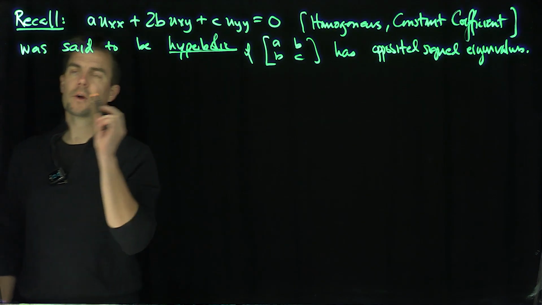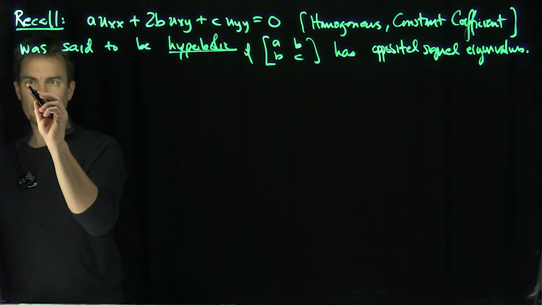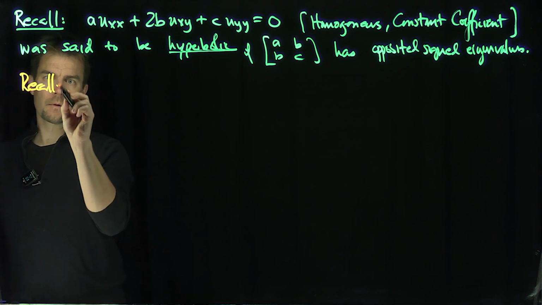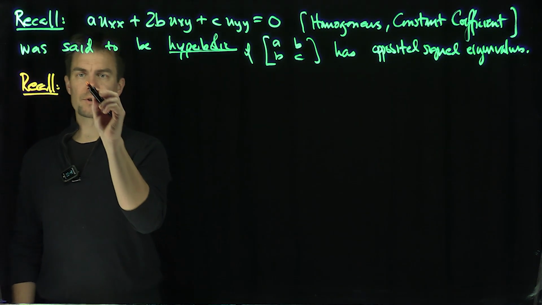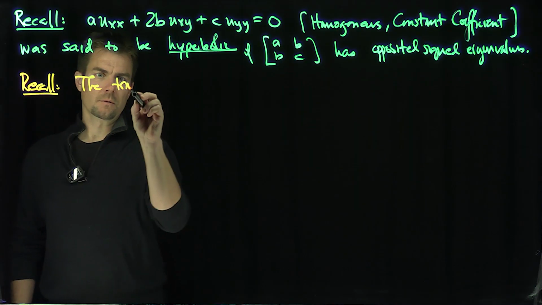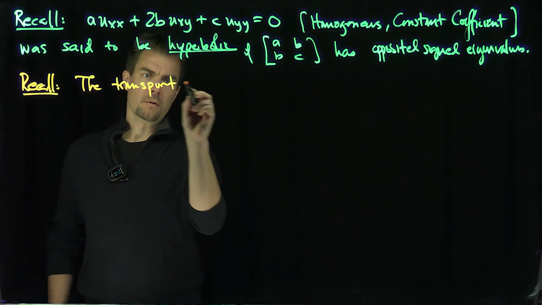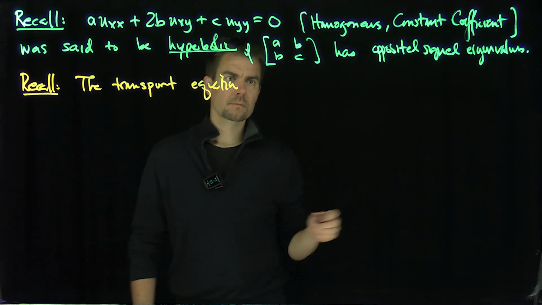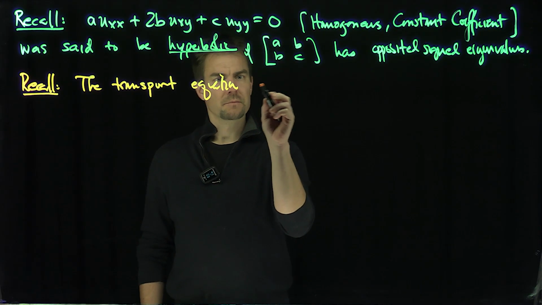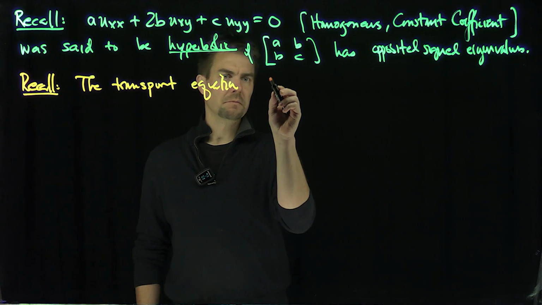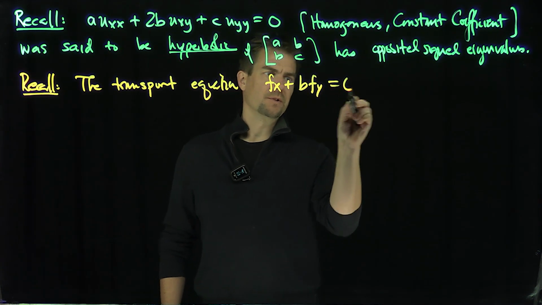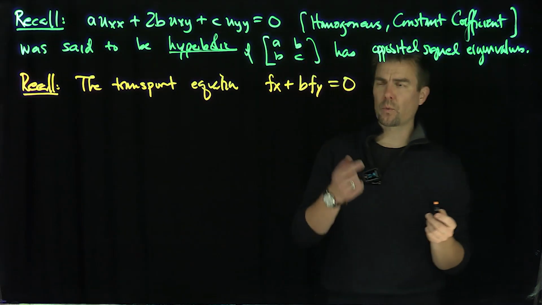That's constant coefficient. So let's recall that to solve the transport equation, if I look at f_x plus b f_y equals 0, that's a simple transport equation just with x's and y's.